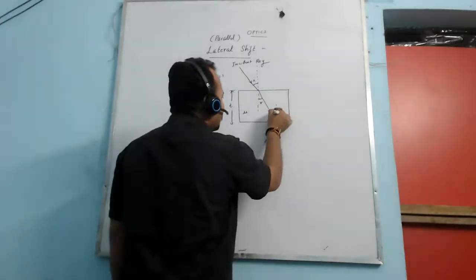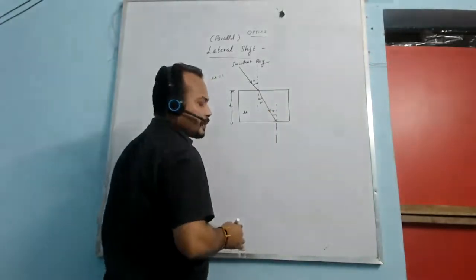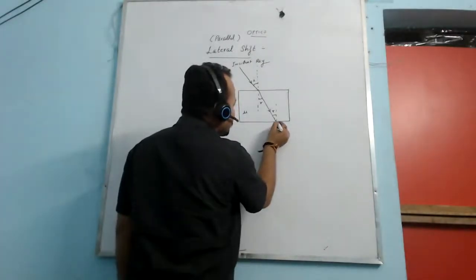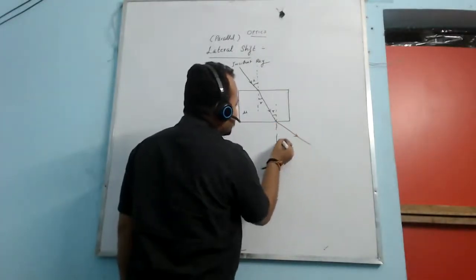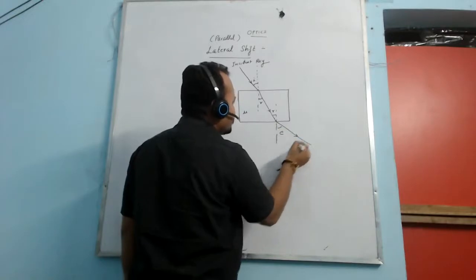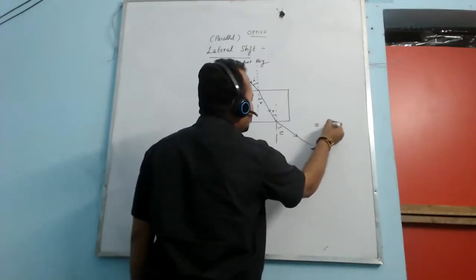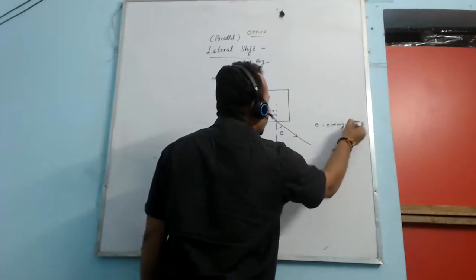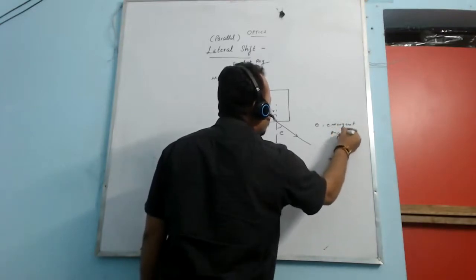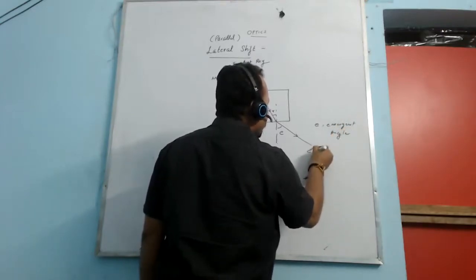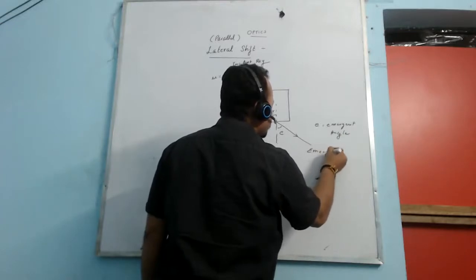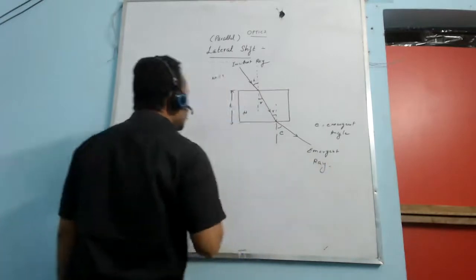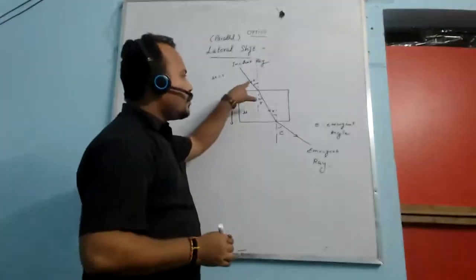Then this angle also becomes R, and the ray emerges like this. This angle E is called the emergent angle, and this ray is called the emergent ray. This E will be equal to I.